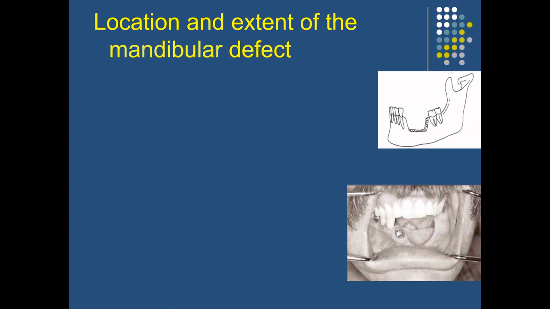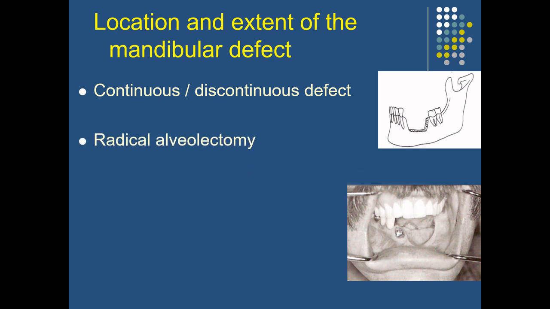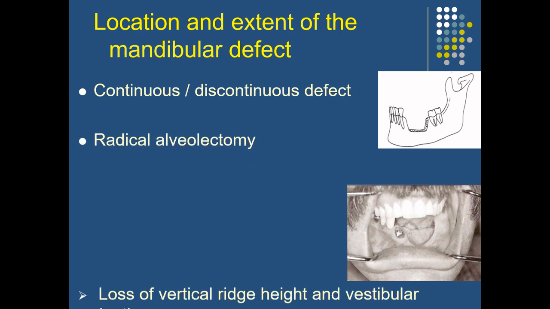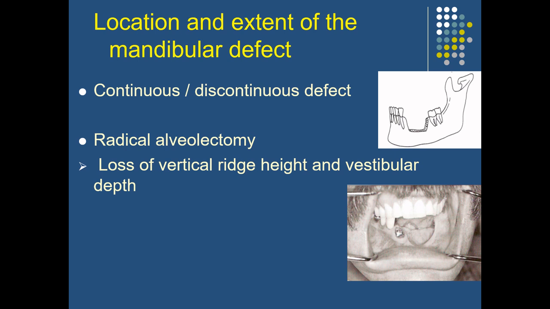The foremost diagnostic determinant that must be considered is the extent of the post-surgical defect requiring rehabilitation. So we know that mandibulectomy can result in a continuous or a discontinuous defect, and the radical dissection or alveolectomy can result in loss of vertical ridge height as well as vestibular depth, which may result in reduction in stability for the soft tissue supported prosthesis as well as the loss of load bearing tissue available for support.